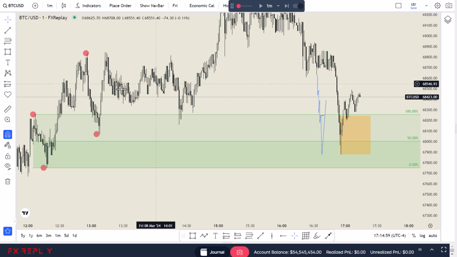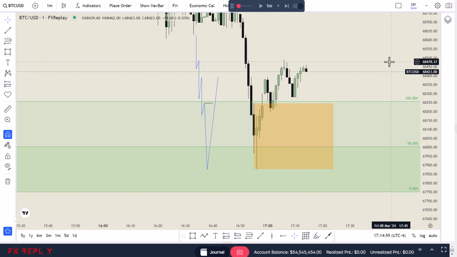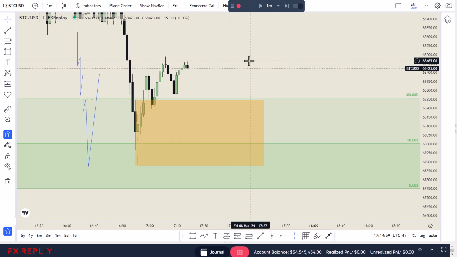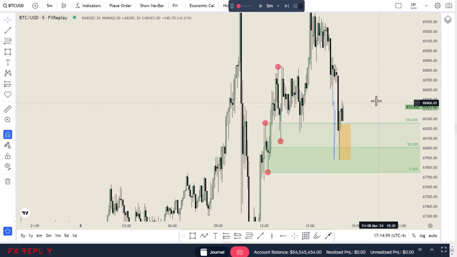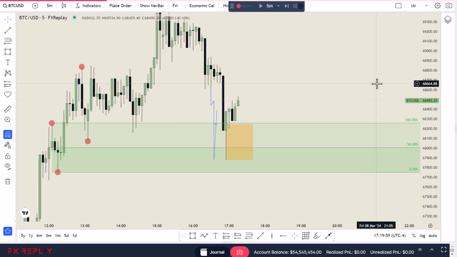So again, price traded to this previous swing point, couldn't make a new low, a body closure below this protected low, and then we have a candlestick structure shift on the 1 minute time frame. All right, so basically what you want to do is once price returns to this area, you could take your entry. So let's forward price.